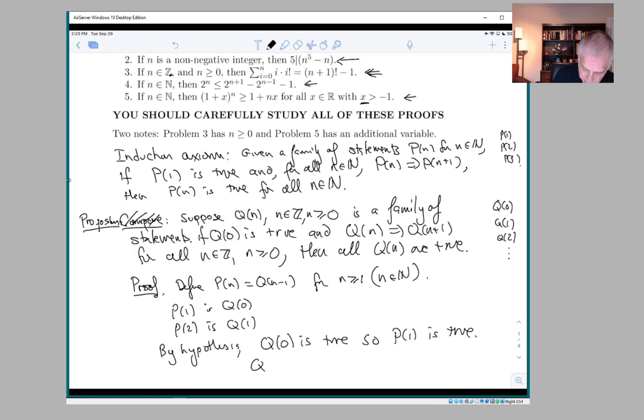And also Q of n implies Q of n plus 1. So remember that if P of n is Q of n minus 1, then Q of n is P of n plus 1. But this is true for n bigger than or equal to 0.